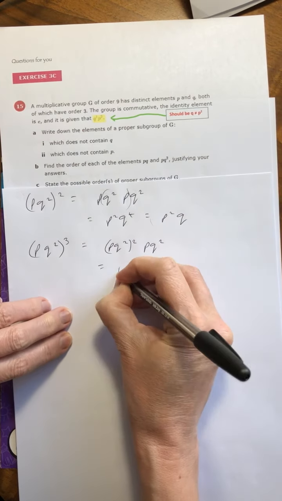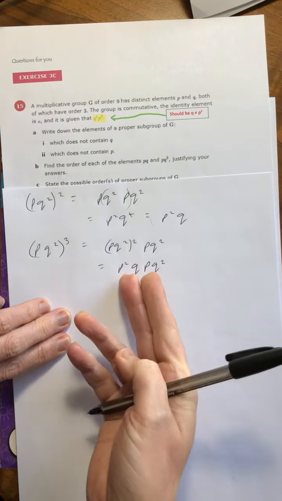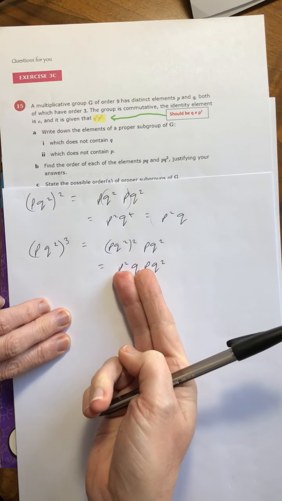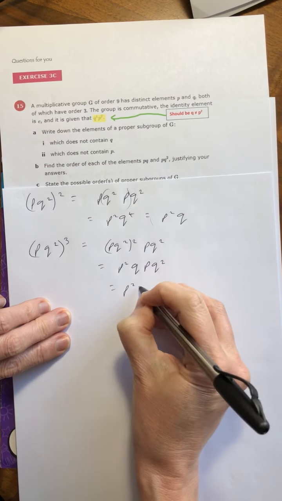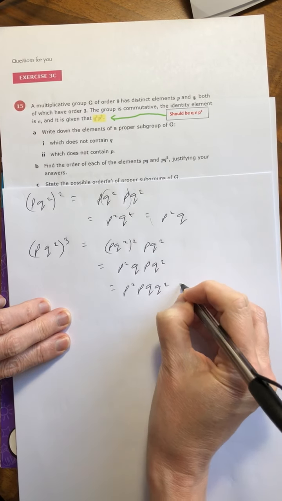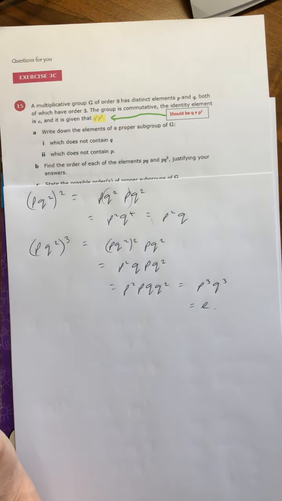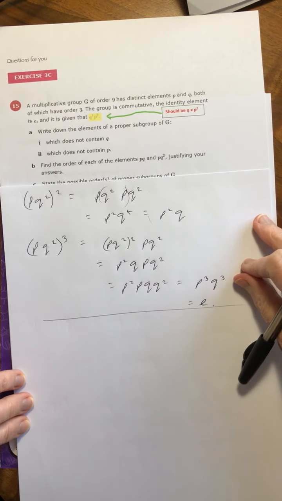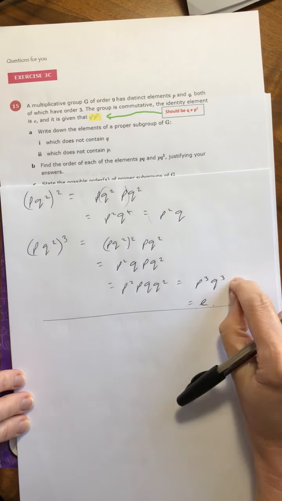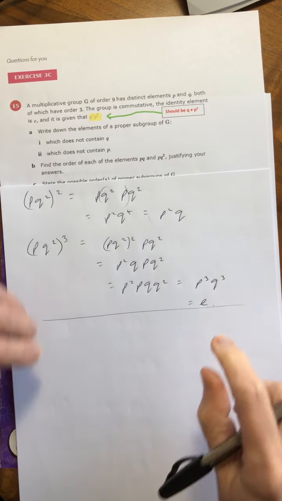That first bit is equal to P squared Q, and PQ squared. Use commutativity, I guess associativity first, and then switch those around in the middle. P squared P Q Q squared, that's going to be P cubed Q cubed, which is equal to E. Write down associativity, commutativity when you have used it there, because the order of P and the order of Q is equal to 3.